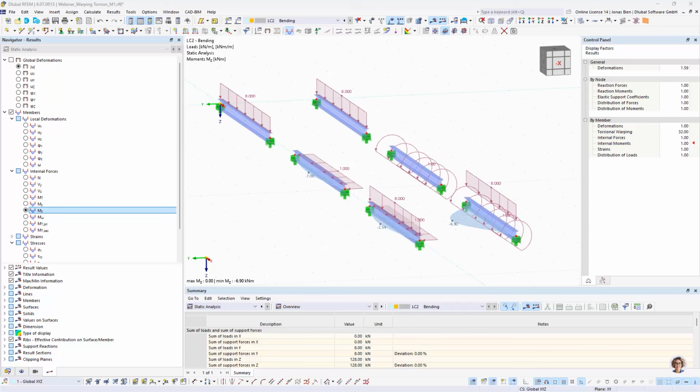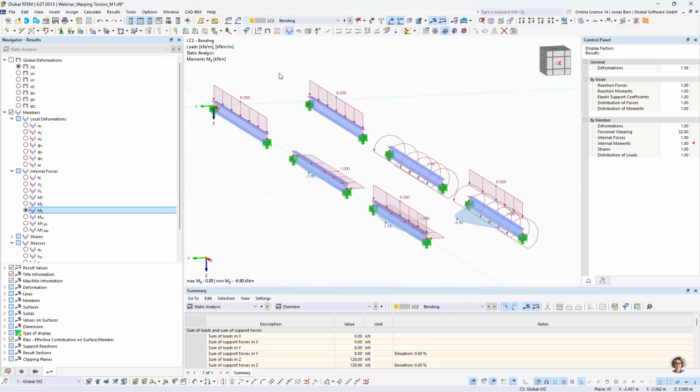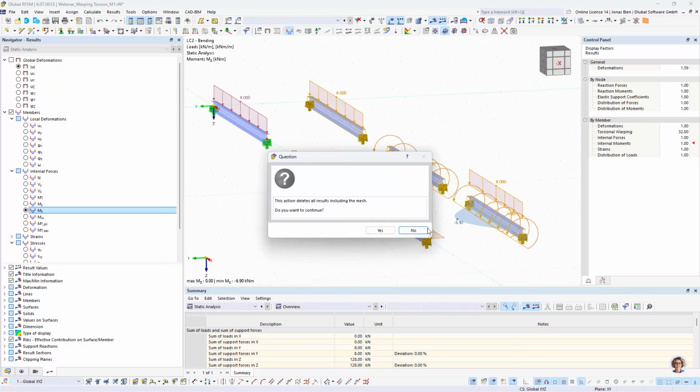Until here, we have learned how to activate the 7th degree of freedom, how to apply boundary conditions and stiffness or discrete warping restraints along a member length, and also how to assess the results for warping torsion.